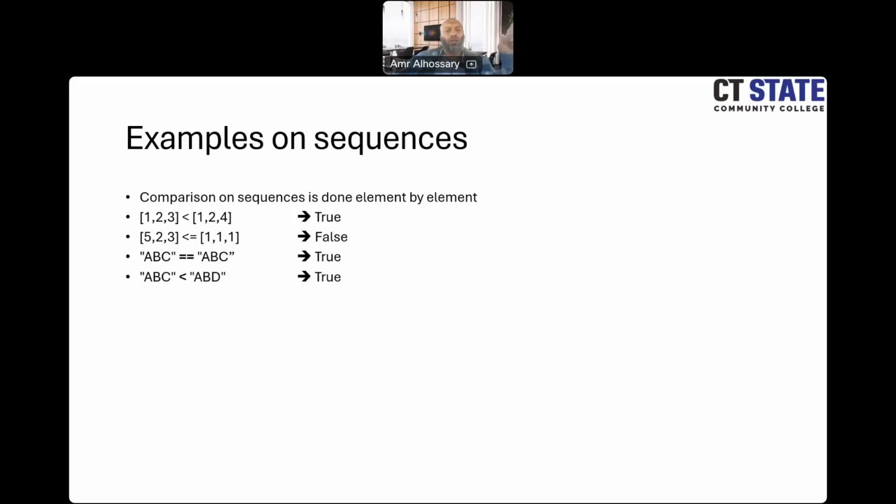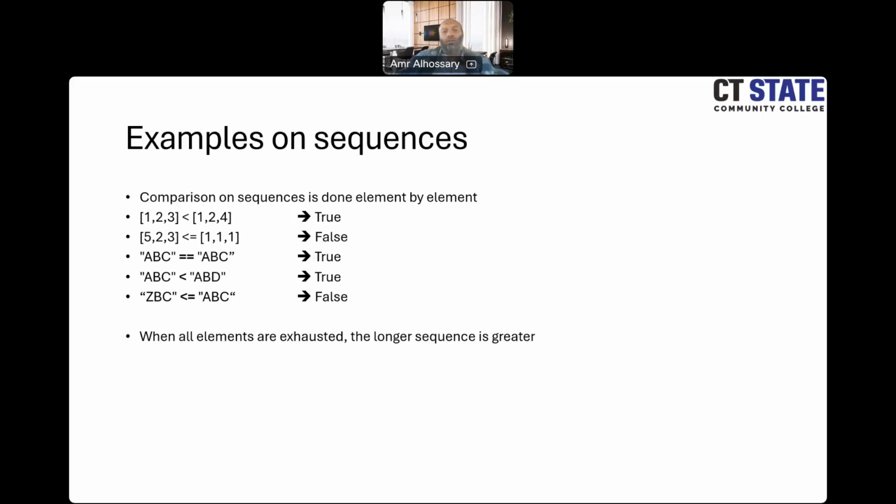So let's see, A equals A, B equals B, C is smaller than D. So the whole expression is true because C is smaller than D. Now Z B C in comparison to A B C, we know that Z is greater than A. So if we compare them using smaller than or equal, this expression is false.